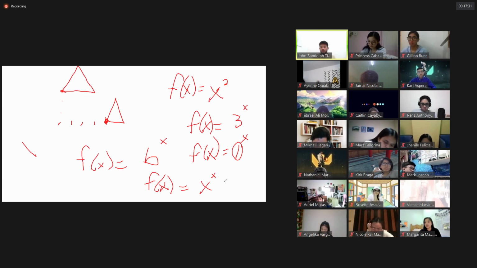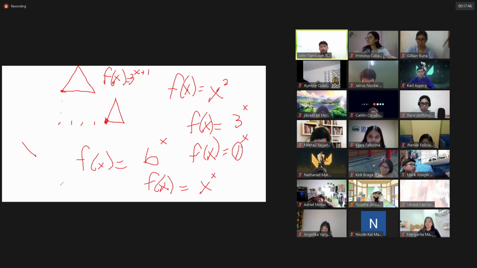How about if we have here f of x equals 3 to the power of x plus 1? Is this an exponential function? Yes or no? Yes, it is an exponential function.